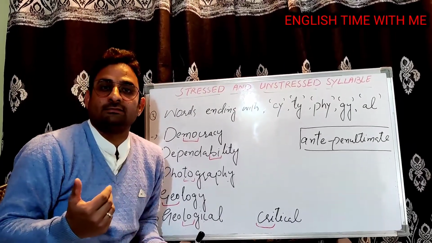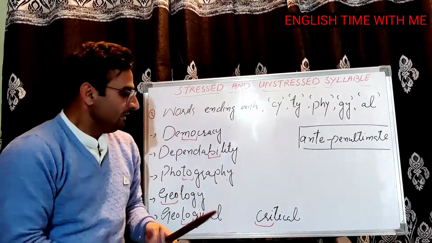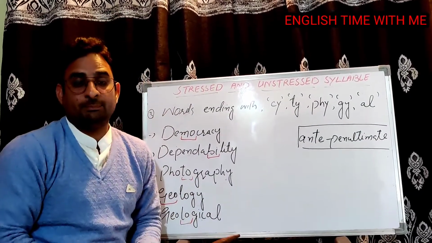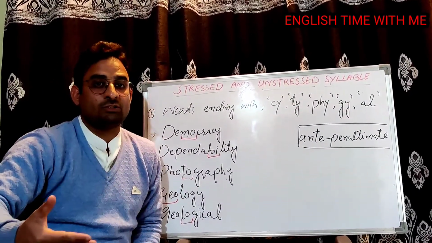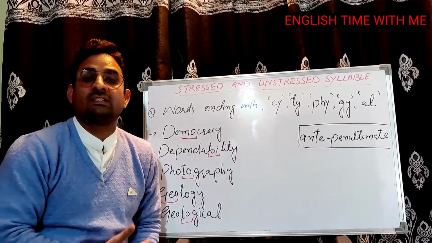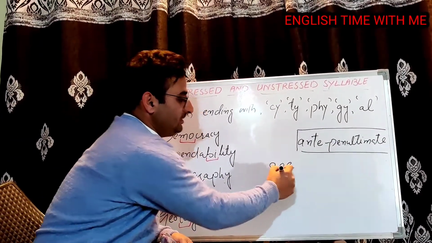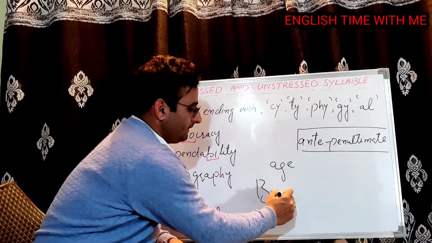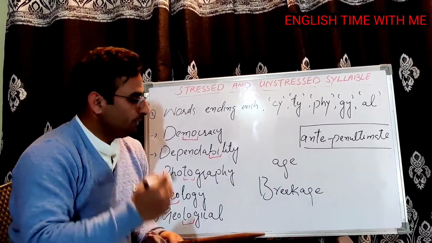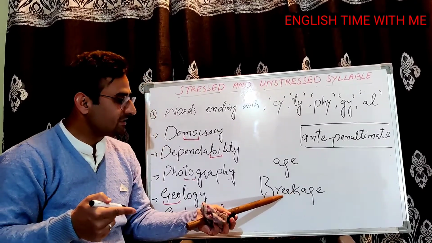So these were certain rules on how we can improve our pronunciation. There are certain other words also. We have certain suffixes, we have certain prefixes. If your word is ending with the suffix age, like the word breakage, then the stress will be put on the first syllable, break.